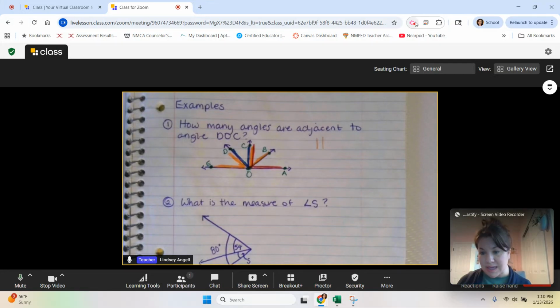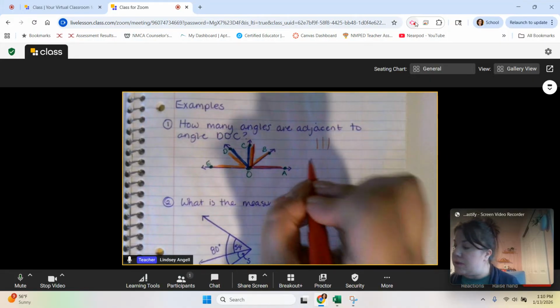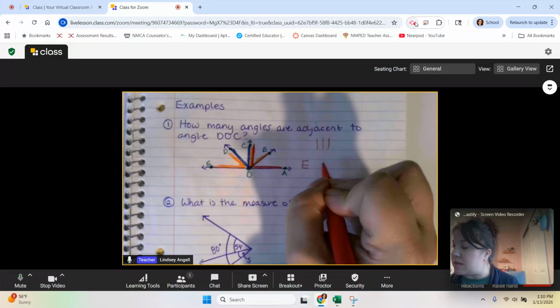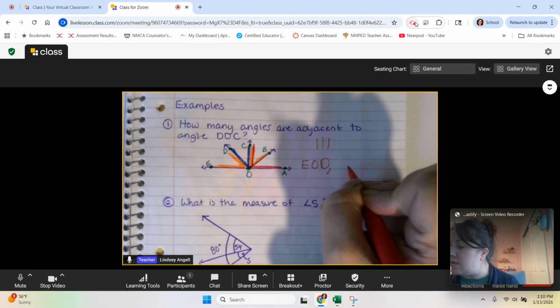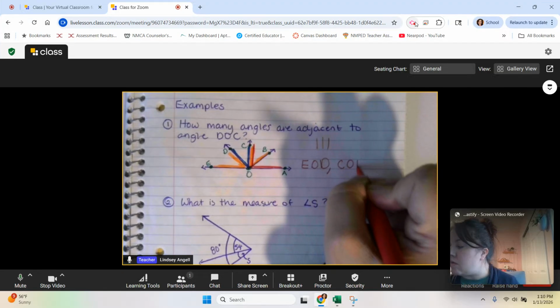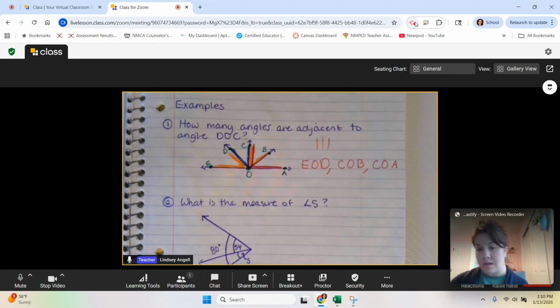So that's that third one. There's three altogether. I'll list them off so maybe you can see them. EOD, and then we had COB, and then we also had COA. So there's our three that are adjacent to DOC.